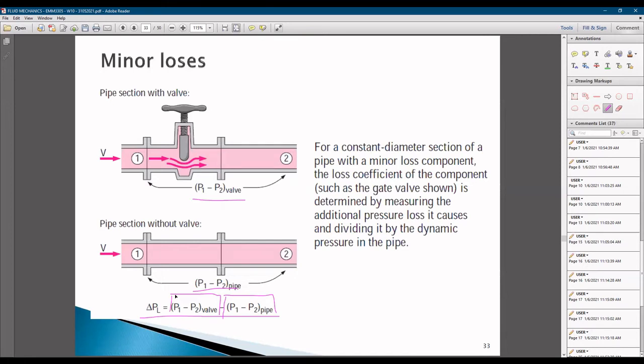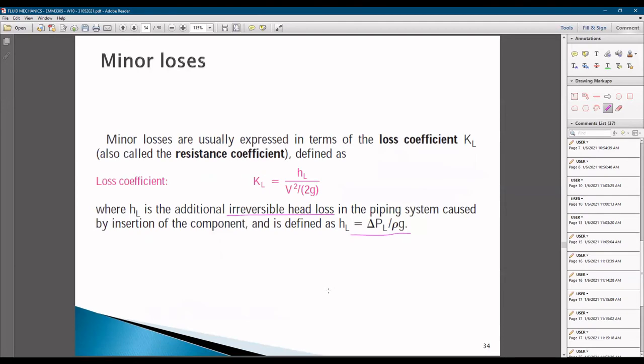So for this part here, you put the pipe section with the valve. This is your valve. And down here, you take the differences between this and points 1 and 2 without the valve, okay? Then you take the differences. Then this is your delta P_L.